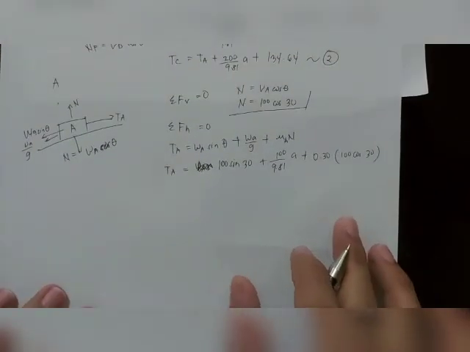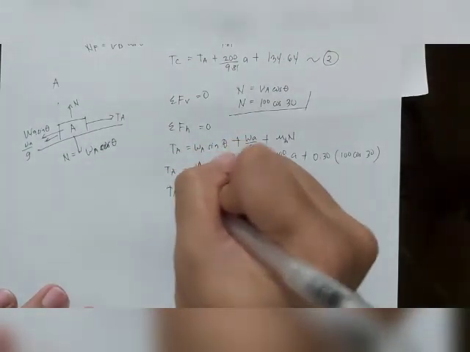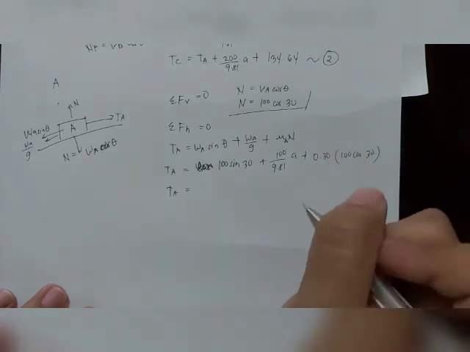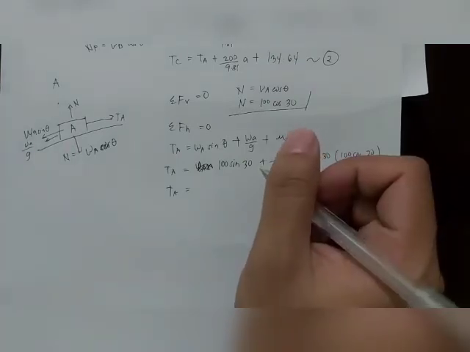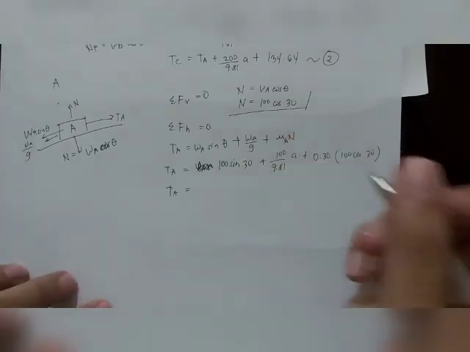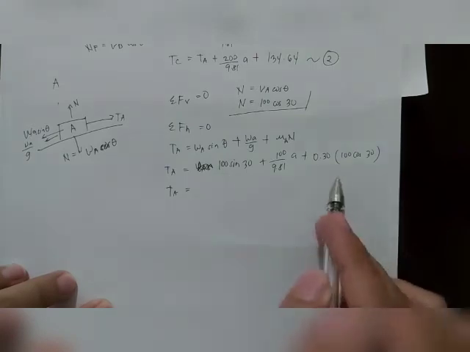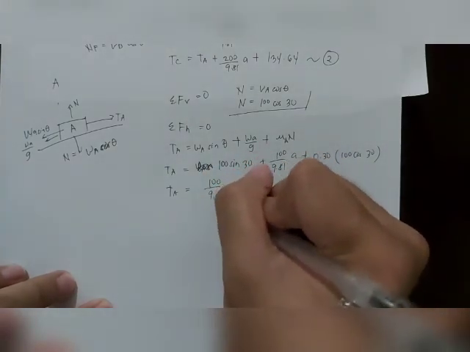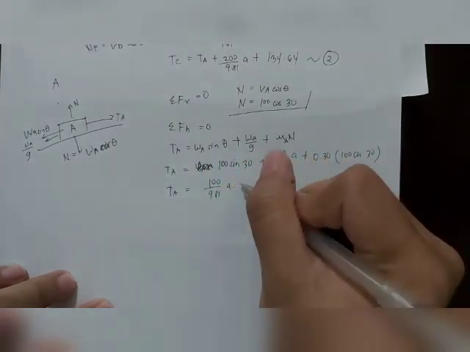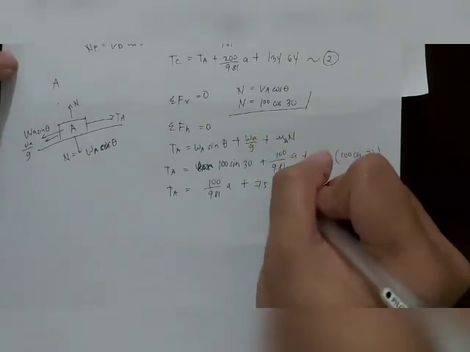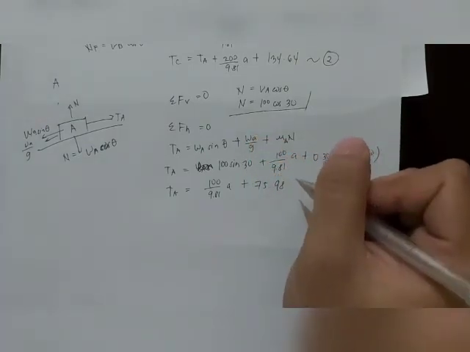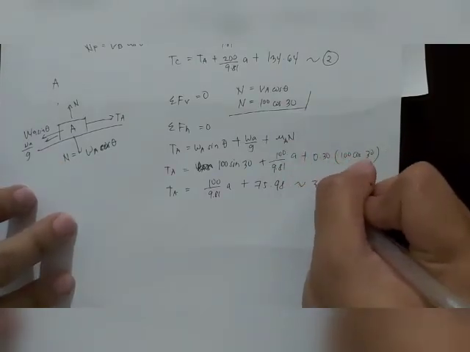Okay. Simplifying these two terms, we have 100 all over 9.81 a plus 75.98. So this will be equation 3.